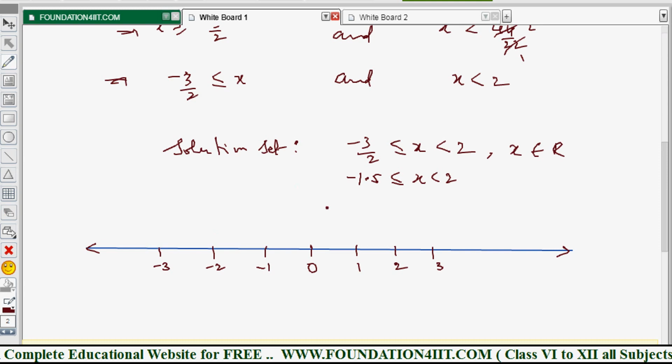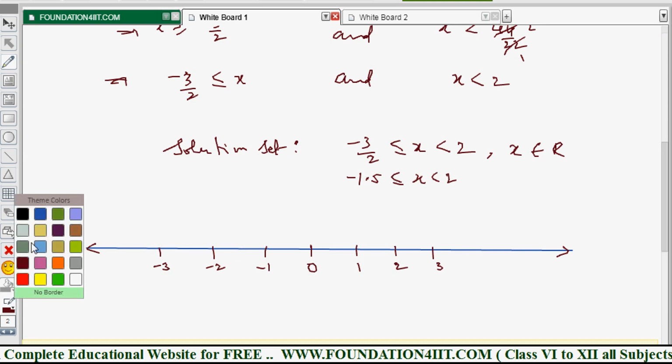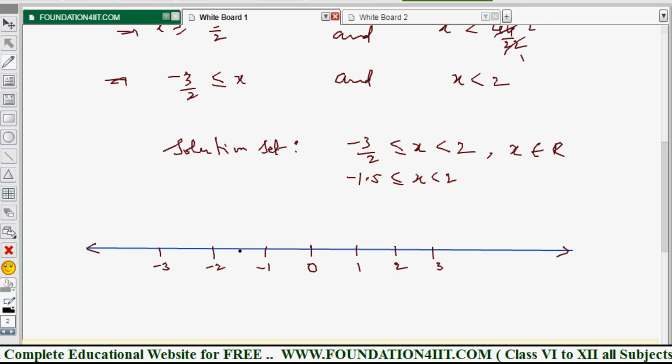Minus 1.5 is in between minus 1 and minus 2. So here we can represent minus 1.5. Minus 1.5 is included, so it is a closed circle, but 2 is not included.